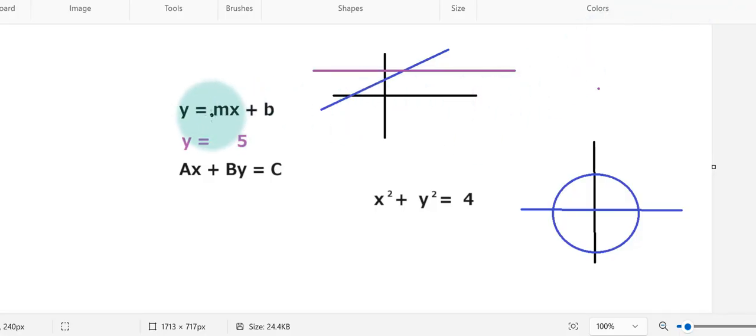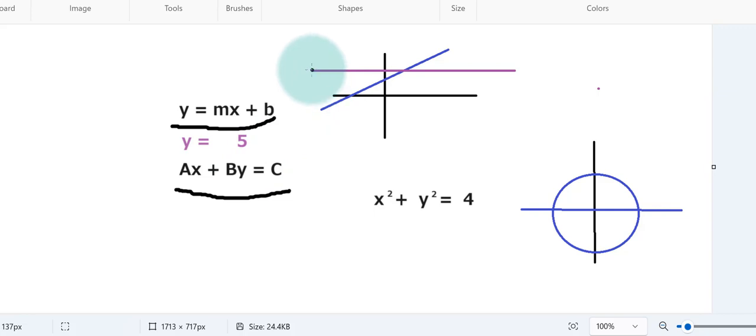Okay, so we're all familiar with equations like this. This is the equation of a line, and this is also the equation of a line. If we write something like y equals 5, as opposed to y equals mx plus b, where we can see that y depends on x, here we're saying y does not depend on x. y is just 5 all the time.